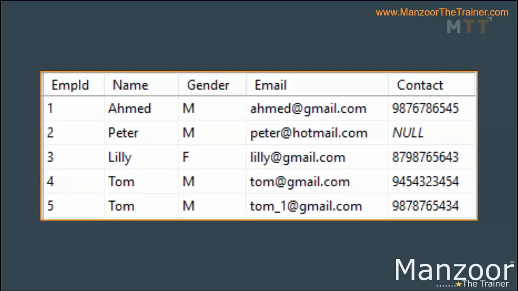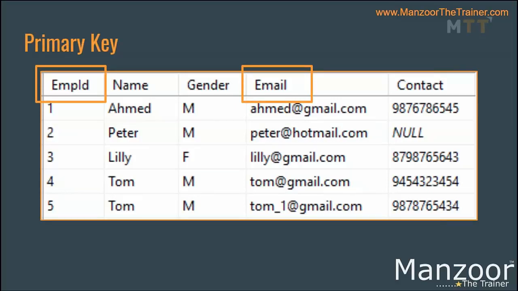So if I choose employee ID as the key to identify a row uniquely, then we call this employee ID the primary key. Have you understood? Primary key is a key using which I can identify a row uniquely.